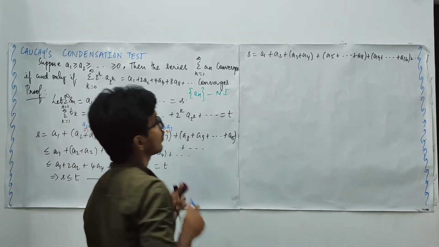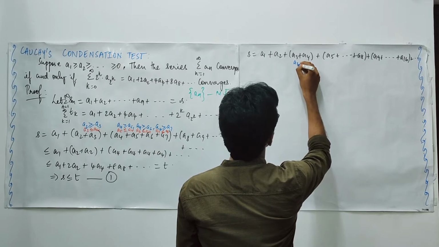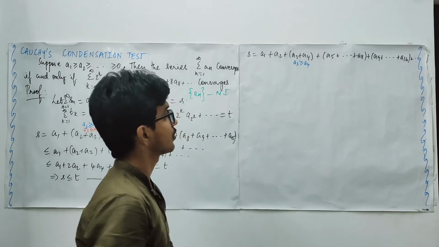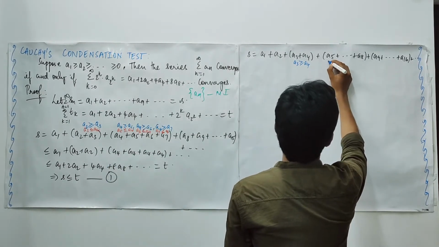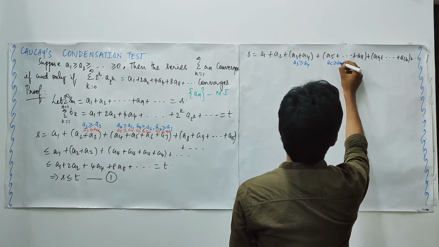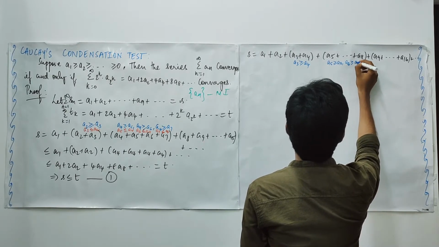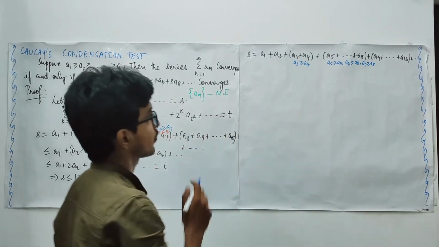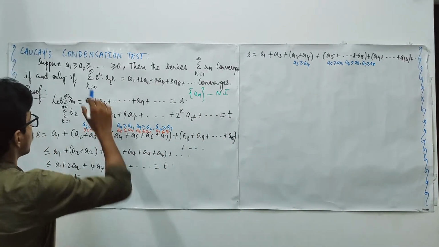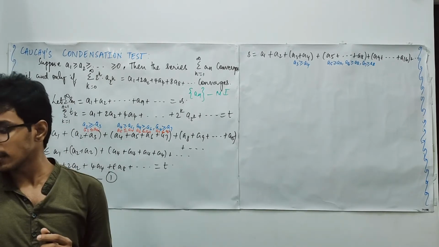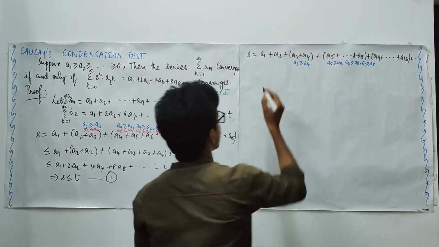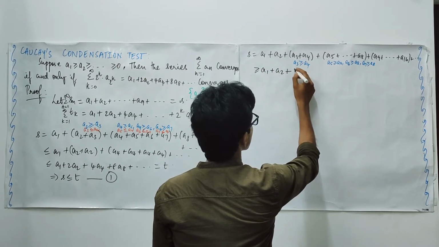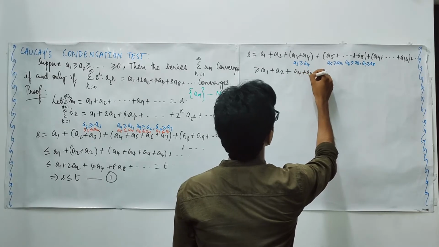Here a3 is bigger than or equal to a4, and a5 is bigger than or equal to a8, a6 is bigger than or equal to a8, a7 is bigger than or equal to a8. The same thing we are going to substitute. So this becomes a1, a2, and this becomes a4 plus a4.